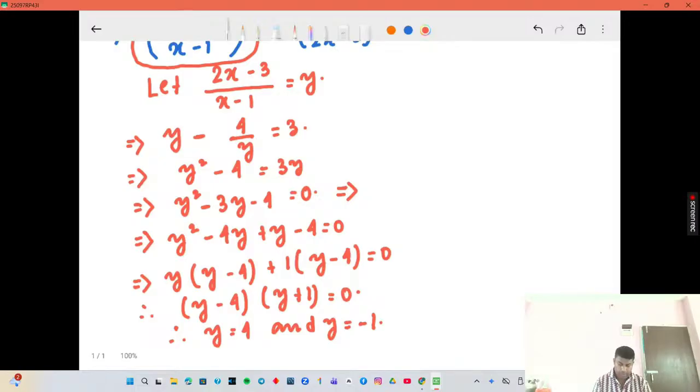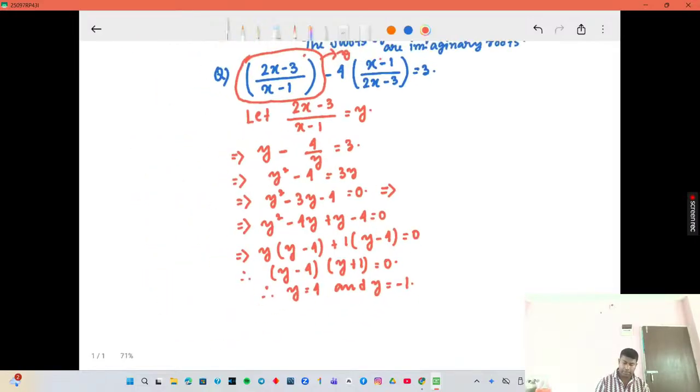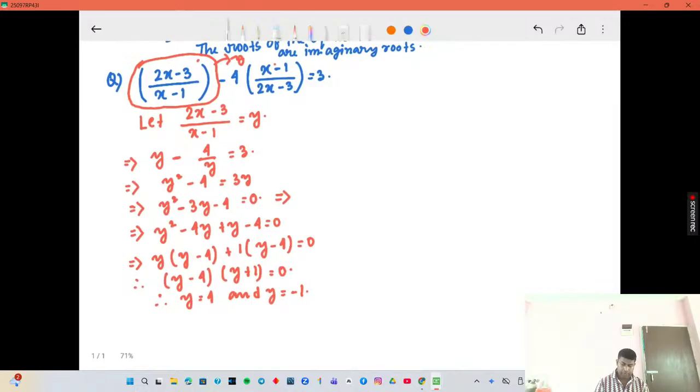Okay, now you can see that we have taken the value of y as (2x minus 3) by (x minus 1). So now we have to put the value of y in order to find the value of x, the roots of the given equation. Therefore, (2x minus 3) by (x minus 1) is equal to 4.